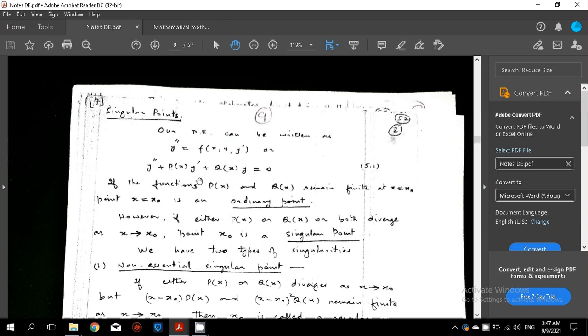Any one of these differential equations can be written as y double dash, that is the second derivative of y, plus p(x) into y dash, the first derivative of y, and this y will represent any physical function, as we have substituted capital Phi, capital Theta, and capital R, which have now been written as small y.